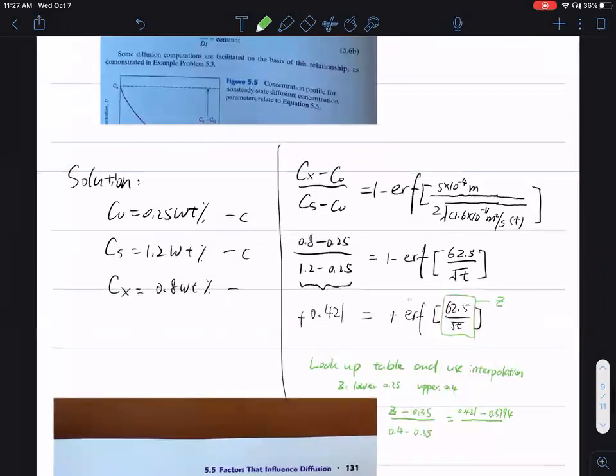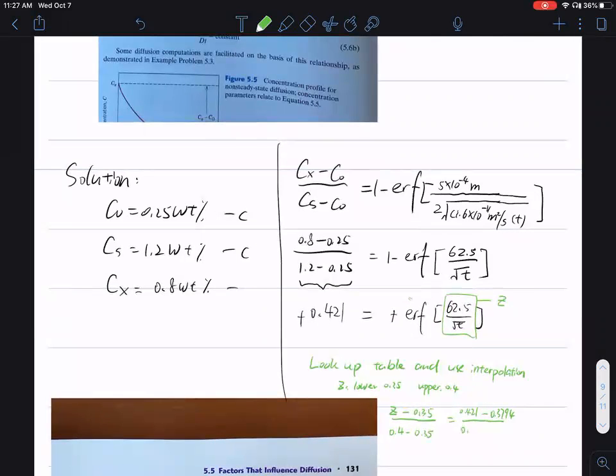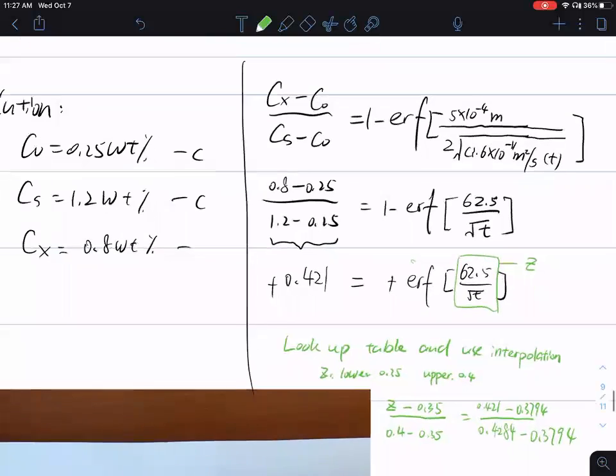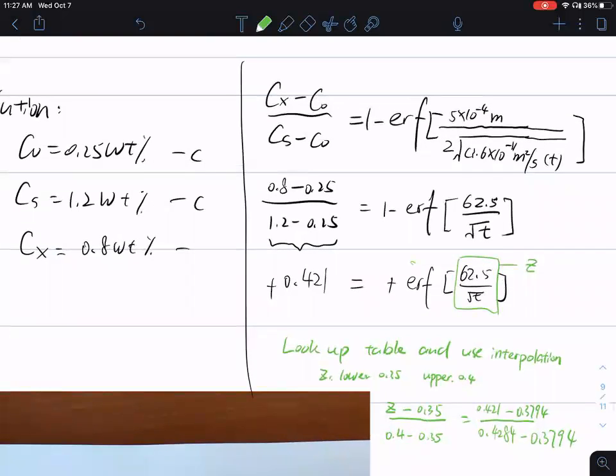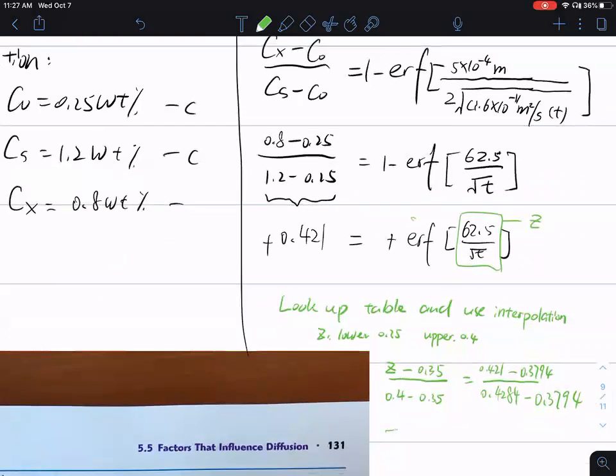So let's plug that in: 0.4284 minus 0.3794. And now you can use your calculator to find a more accurate estimation for z.